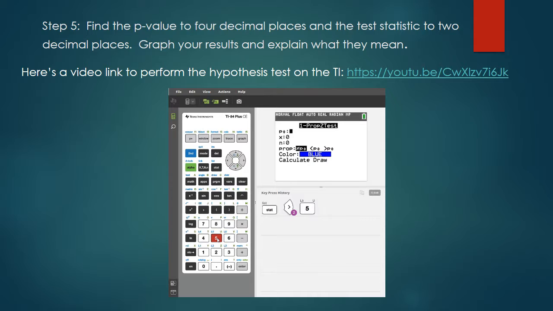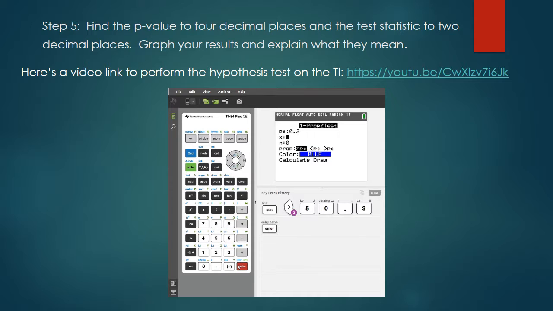In this problem, the null hypothesis is the claim that the population proportion is 30%. So P0, that thing right here, first thing, is what we claim in the null hypothesis is the population proportion. 30%, 30 divided by 100 is 0.3.